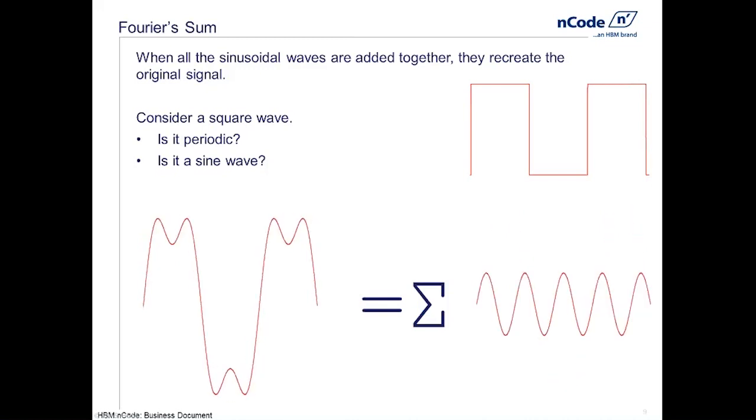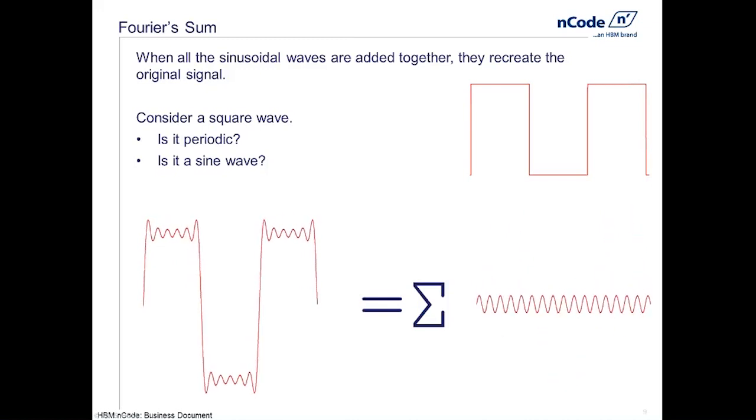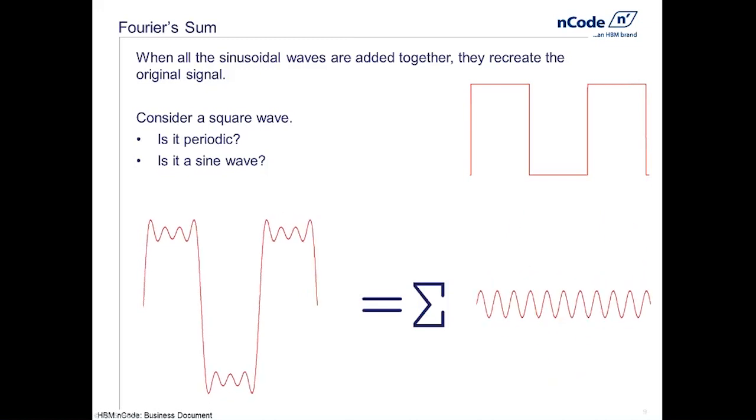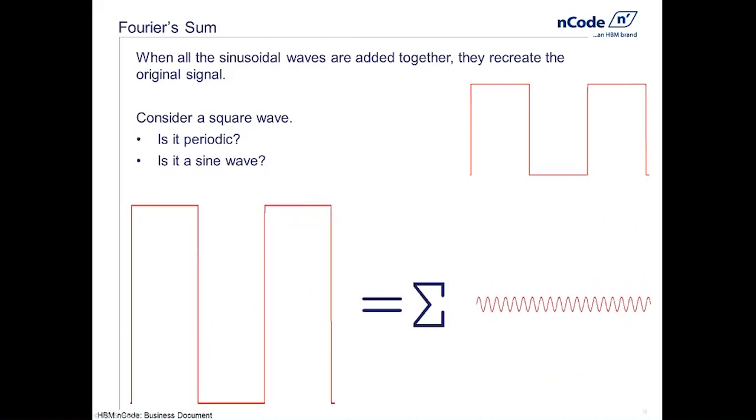And you can see as we add more sine wave components, we start to get something that looks like a square wave, and we start to square up that edge. As a matter of fact, if we had an infinite number of sine terms, if we could do this over an infinite series, then we could actually make this square wave happen again.